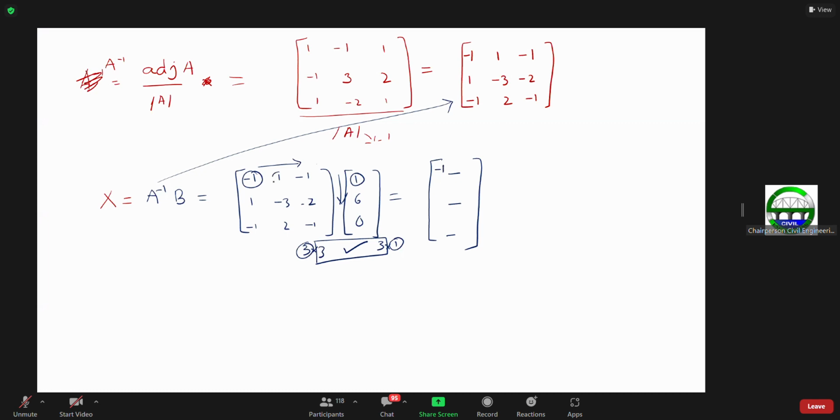Then this multiplied by 6 plus 6, and then this multiplied by, sorry, 6, it will be equal to minus 6, right?